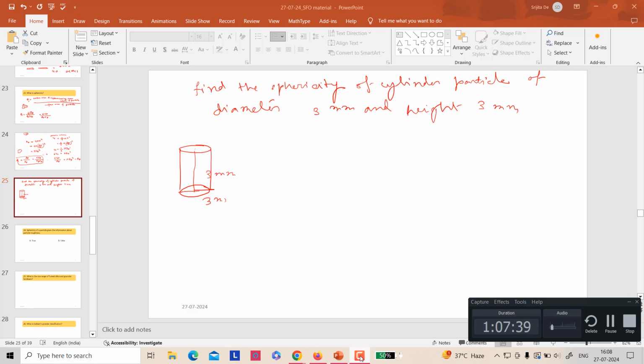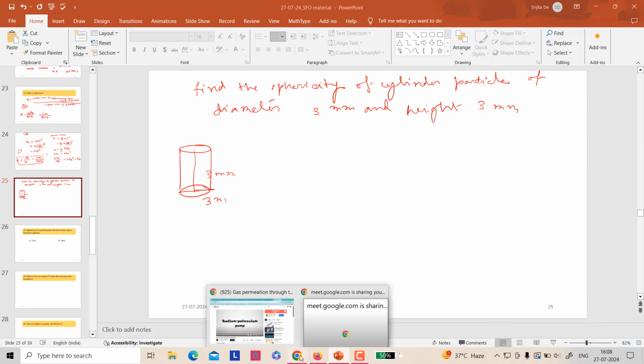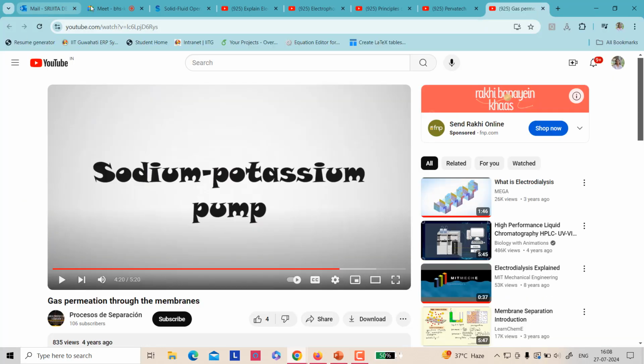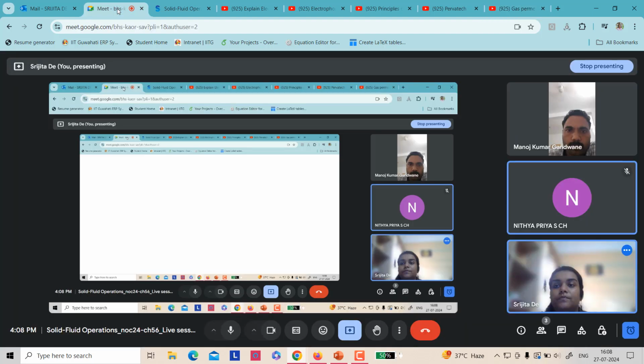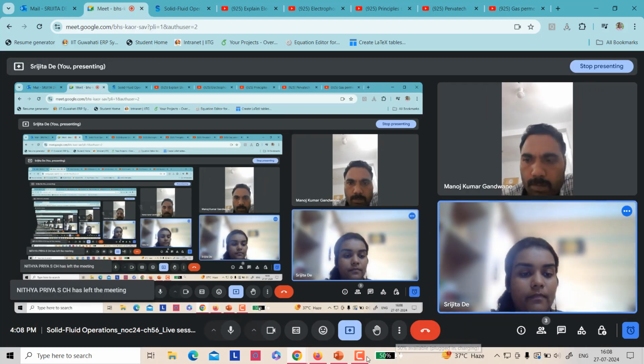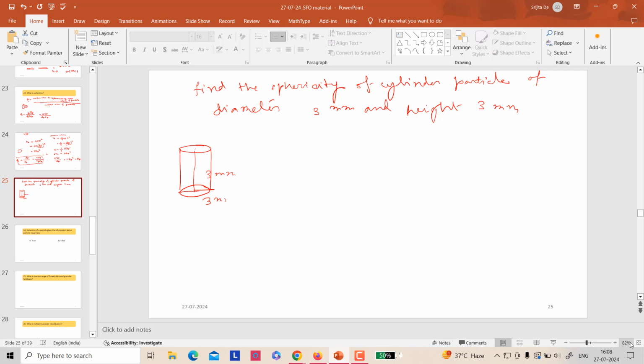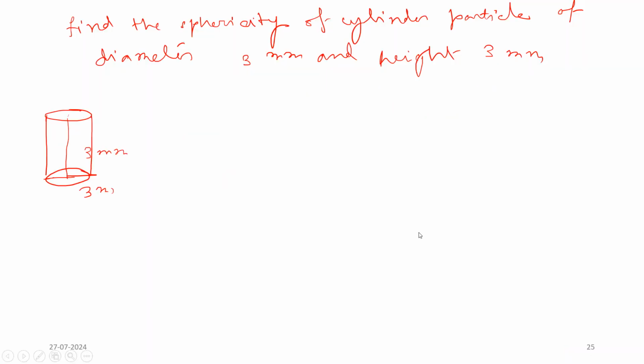Height and diameter both are 3 millimeter. So are you able to do?